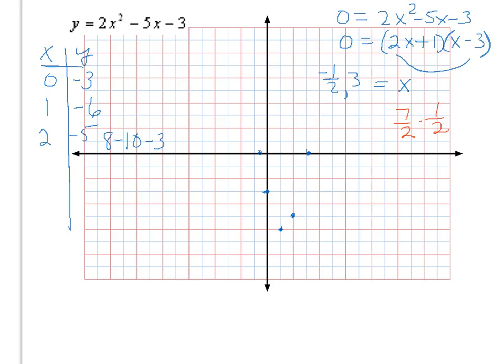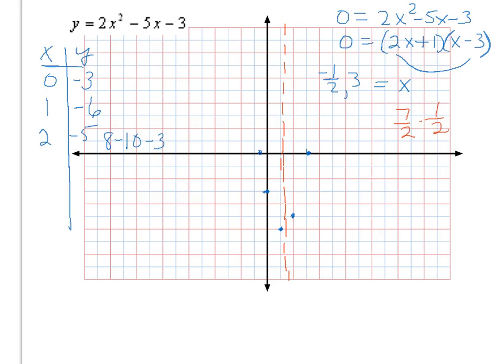So from the right one, 1 3/4 blocks over, it puts me right 1/4 of a block past 1. So 1 1/4, that's where my vertex is going to be. Notice it's 1 3/4 also on the other side to get to that other x-intercept.